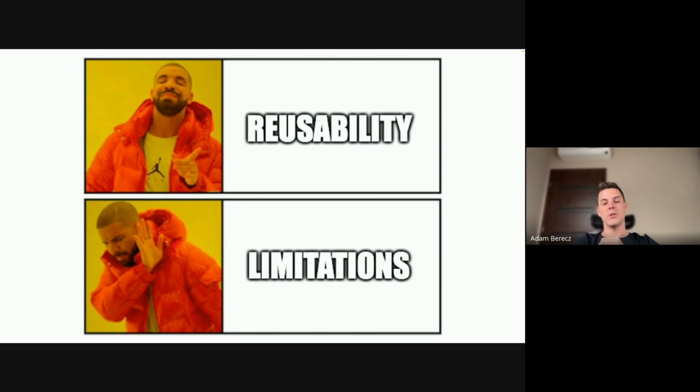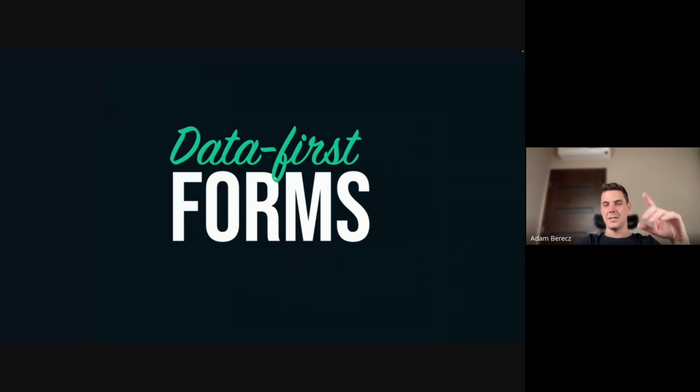There's always a trade-off because tools are optimized for certain scenarios, which means they won't perform that well in others. So what about the forms where the design customization is not the primary aspect, but we have to gather a lot of data and maybe we have hundreds of fields? I like to call this type of forms data-first forms.